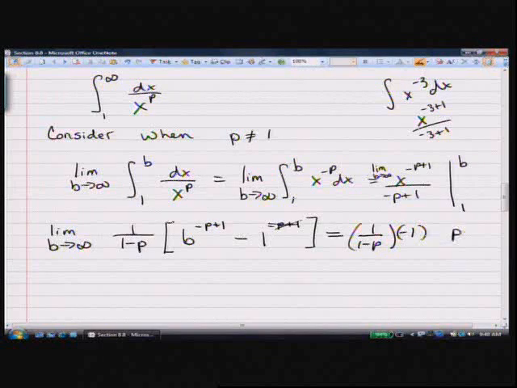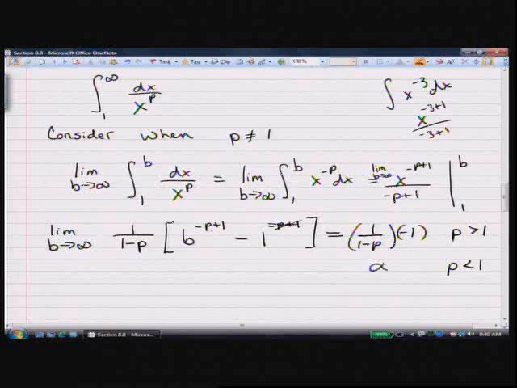But when p is less than 1, what do we get? It goes to infinity because this whole thing is going to grow without bounds.